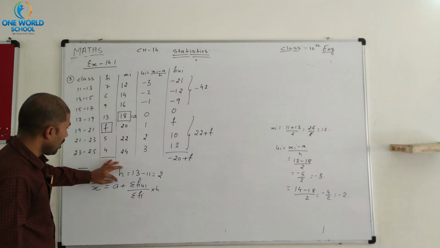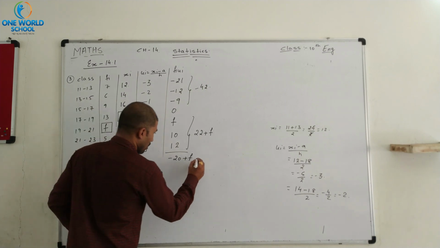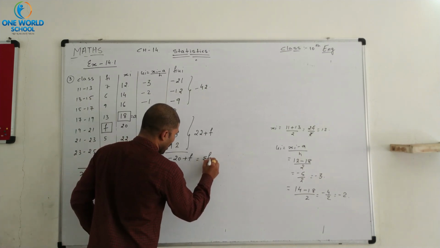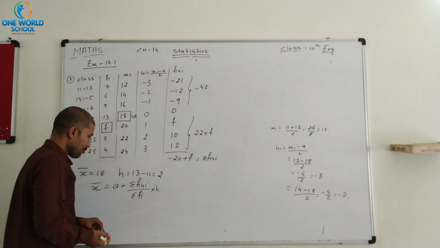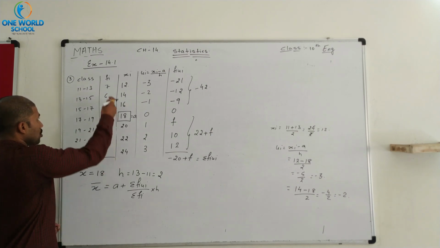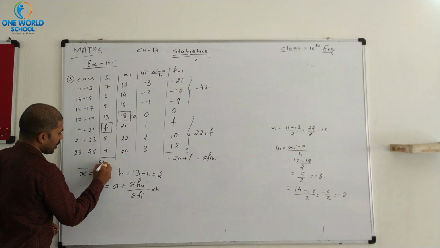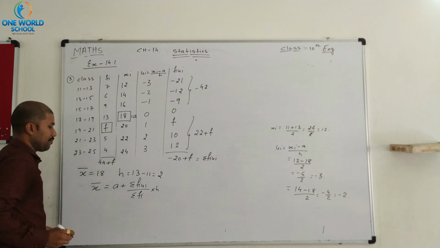See, now we have the value of sigma fi ui. Sigma fi is the sum of all the given frequencies. So now add all the given frequencies, we are getting 44 plus f.